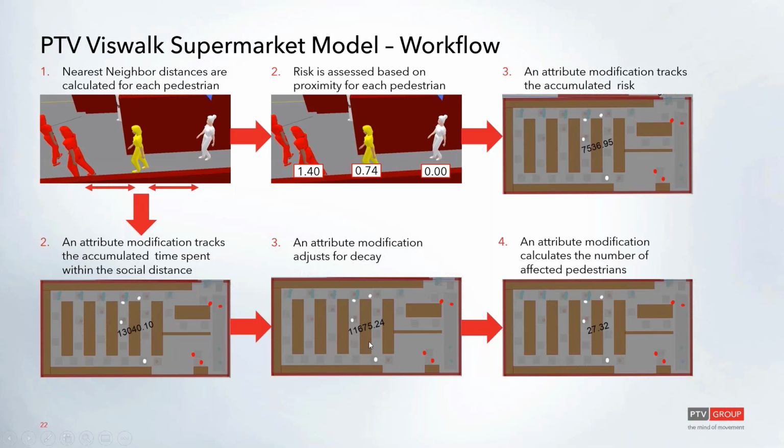And then we can apply a decaying factor, and then we can look at the total number of pedestrians that were affected within the store, in terms of the total number of pedestrians that would have been within that nearest neighbor distance, with a little bit of decay applied to it.